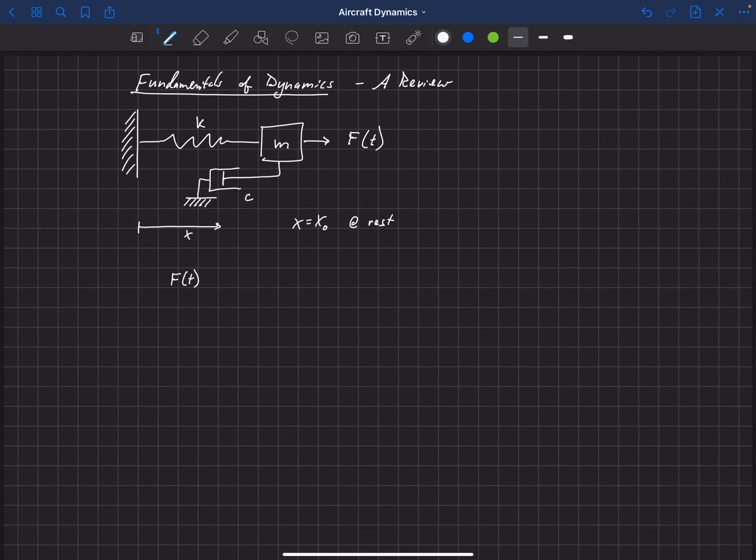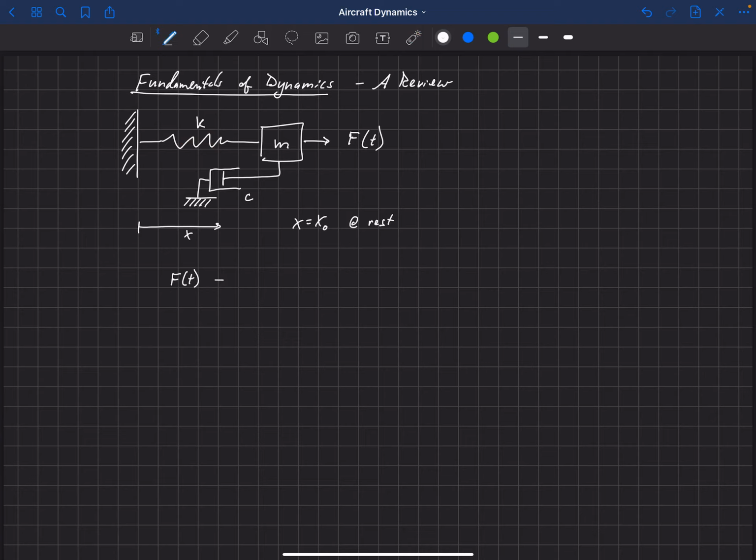So first we'd have some spring constant K, so the spring would start to act on this, and if the mass was positive to the right, so if x was greater than x naught, then we would get a force in the left direction because that spring would try to pull it back towards the wall.